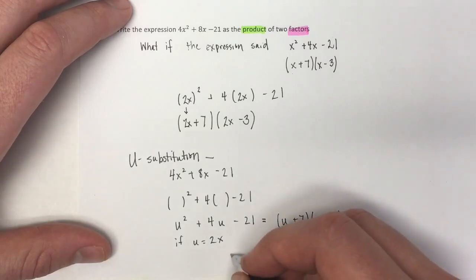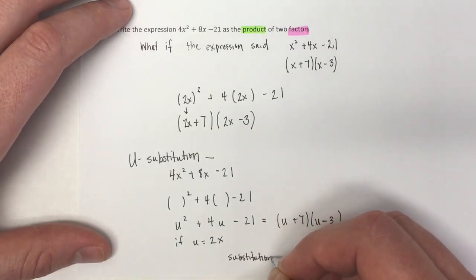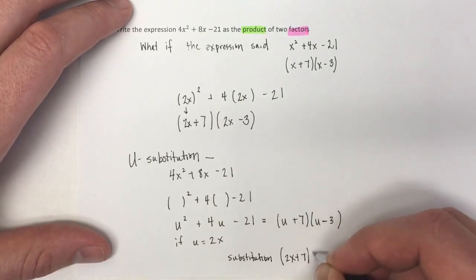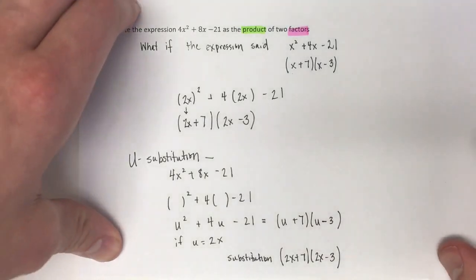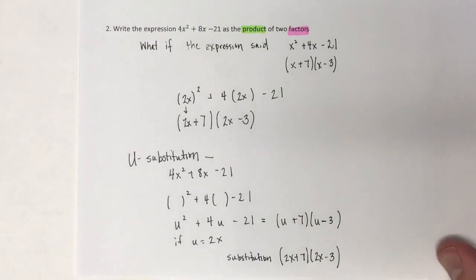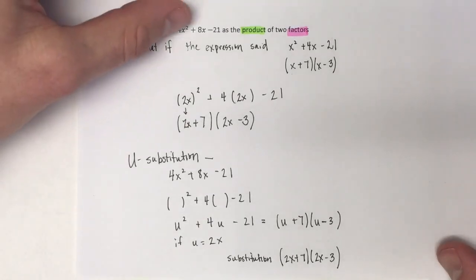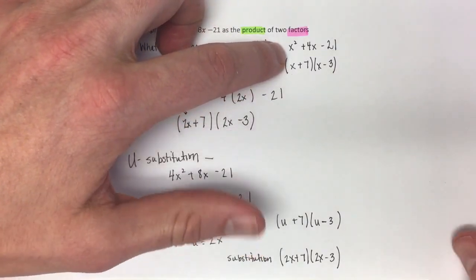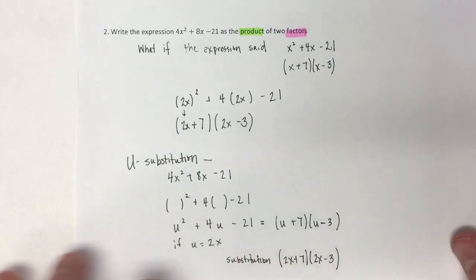And then if I make a substitution, I now have 2x plus 7 and 2x minus 3. And so u substitution is a really useful tool when we don't know something or it's a little more complicated than we're ready to handle. We can find one that we do know and use that as a structure to help us continue our problem solving.